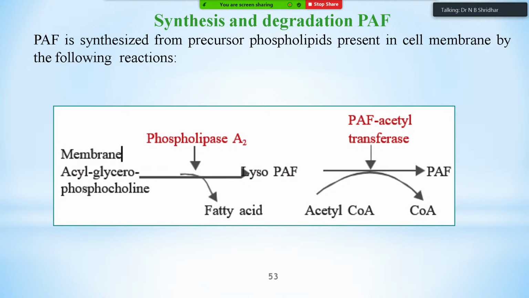Membrane bound acyl glycerophosphocholine is converted by the phospholipase A2 enzyme to lyso-PAF, and PAF acetyl transferase is an enzyme which uses acetyl-CoA, and the lyso-PAF is converted to platelet activating factor. So here the enzymes are phospholipase A2 and PAF acetyl transferase. Ultimately the lyso-PAF is converted to platelet activating factor.